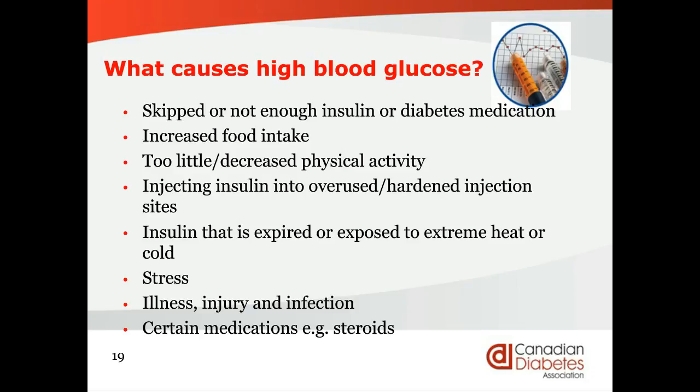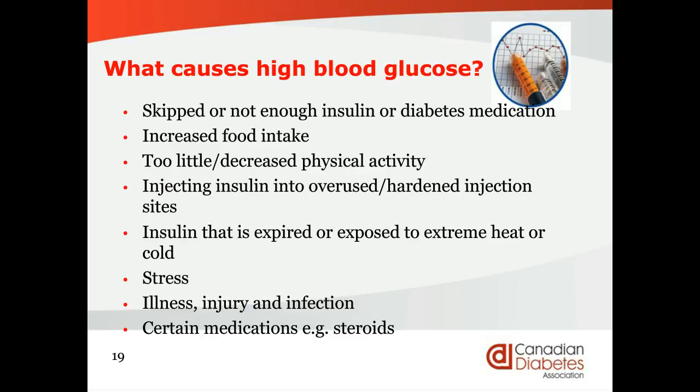Insulin that is expired or exposed to extreme heat or cold. And this can happen very easily. It can be in winter. You go out for dinner, you have your insulin pen in your bag, and it falls out in the car. That night you take your long-acting insulin, and then the next morning you get in the car and you say, oh gosh, I've got my insulin here, and you put it in your bag, and of course it defrosts and it looks okay.